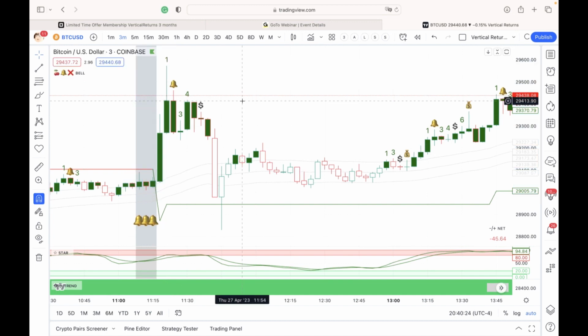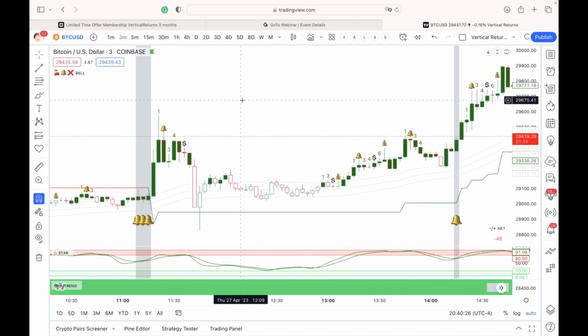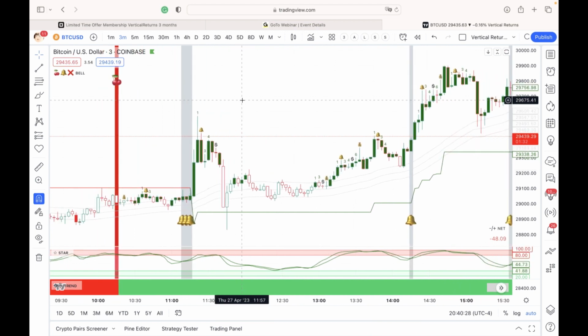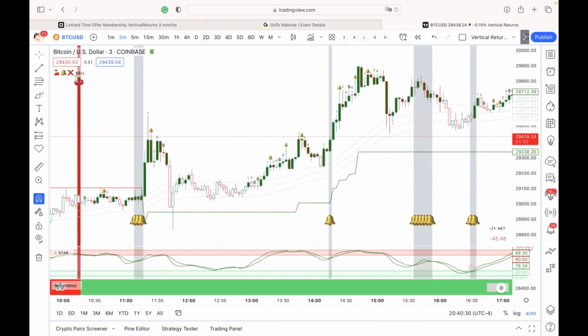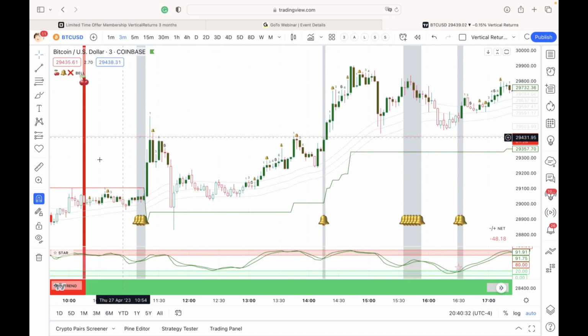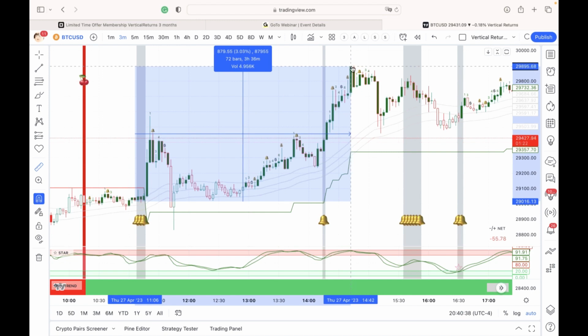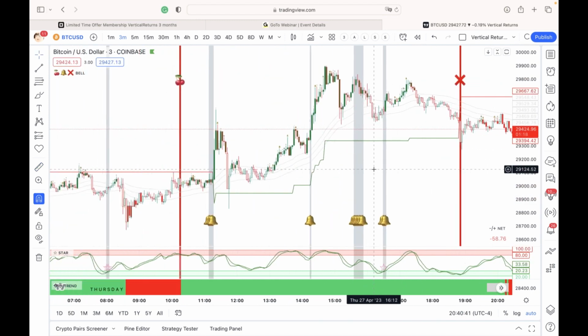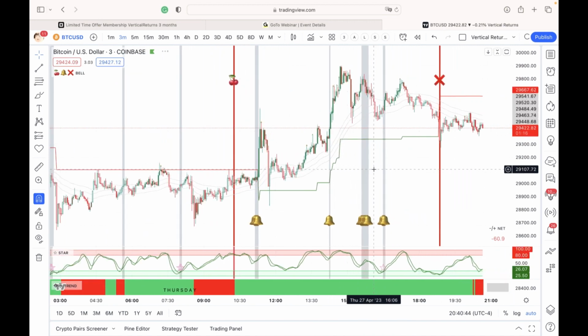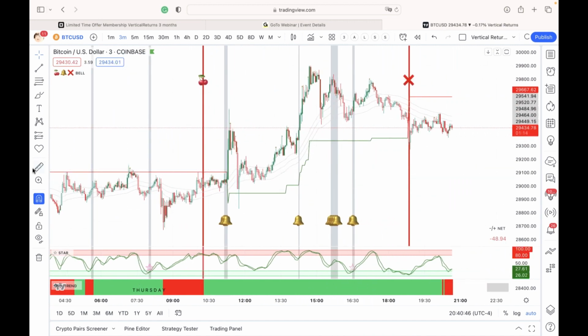So that's not necessarily enough if you're trading on Coinbase. Remember, this is a 3-minute chart. So let's say the first bell around here, and then the second bell, that's 3%. You're still not really in a lot of profit.